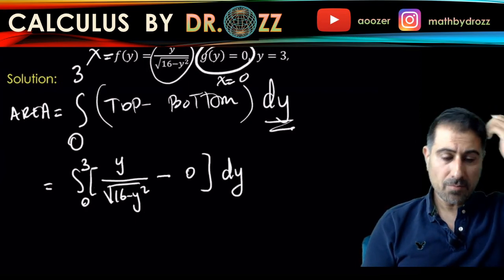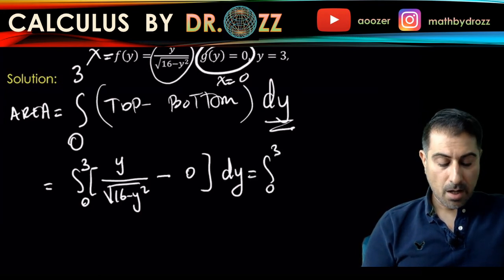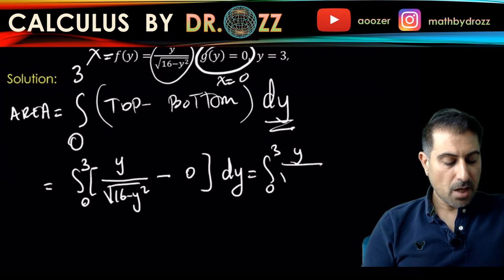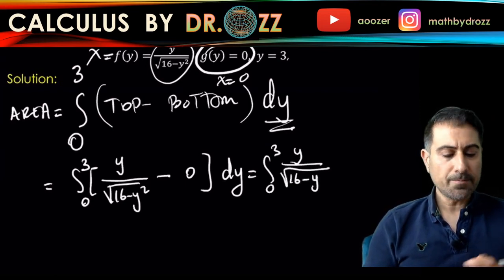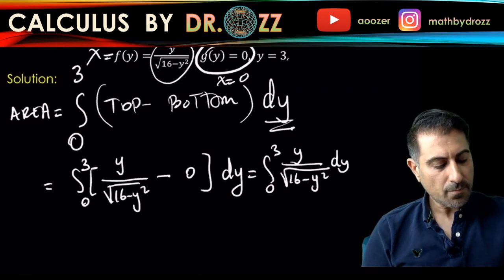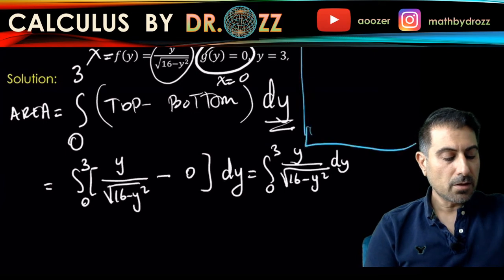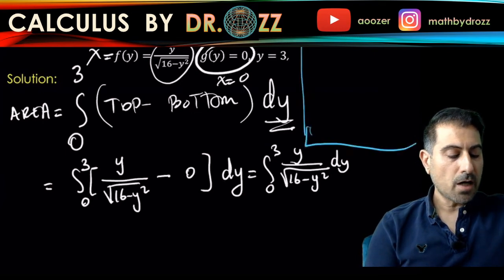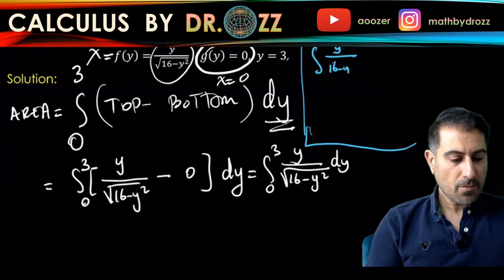So now this boils down to the integral of y over the square root of 16 minus y squared dy. And this is a good u substitution problem. So I'm going to go ahead and handle this u substitution right here.